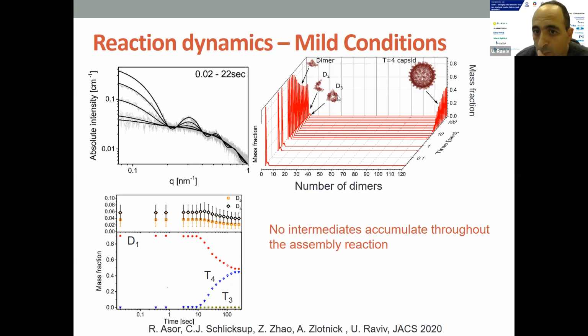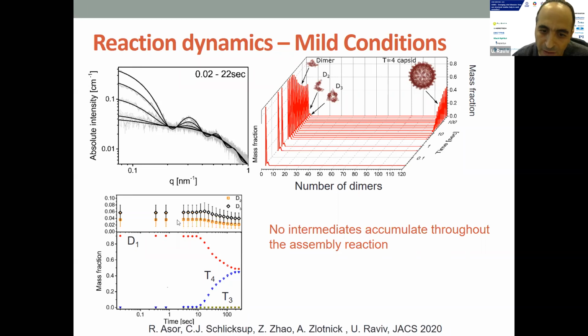And you also see that the curves cross at isosbestic points, or nearly isosbestic points, which means that we only have accumulation of either the products or the dimers, and intermediates exist but do not accumulate very much.